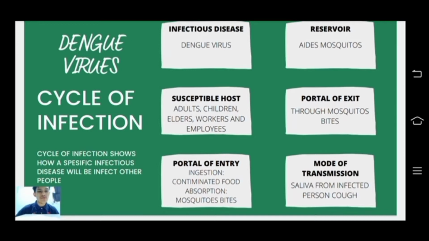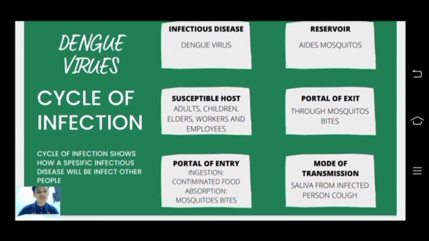Portal of entry is how the virus enters other people's bodies. Firstly, through ingestion, in which the person eats food contaminated by the saliva from an infected person's cough.